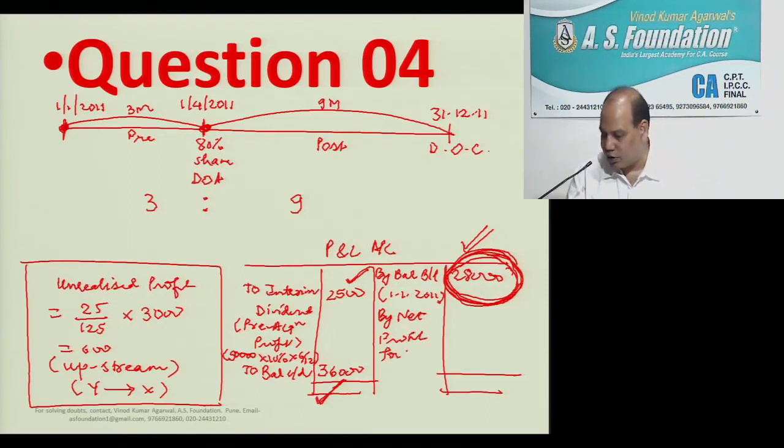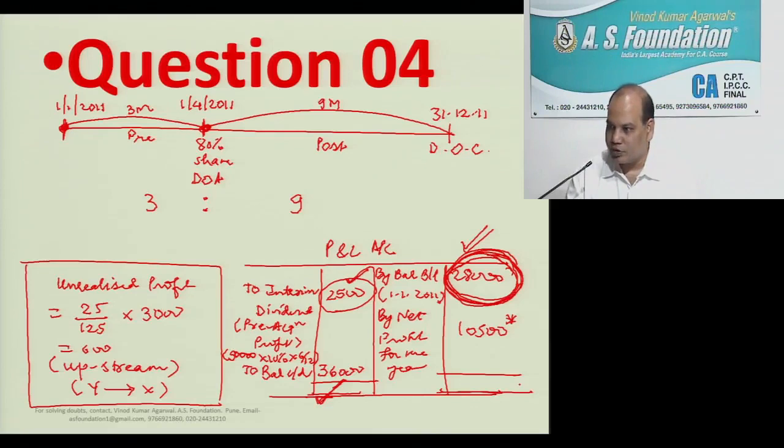Net profit for the year is 10,500, if you assume interim dividend of 2,500 paid. If you assume 5,000 paid, then the answer will change. If per annum was not written, then 5,000. You are right. If per annum was not written, then take 5,000 directly. Is it right?